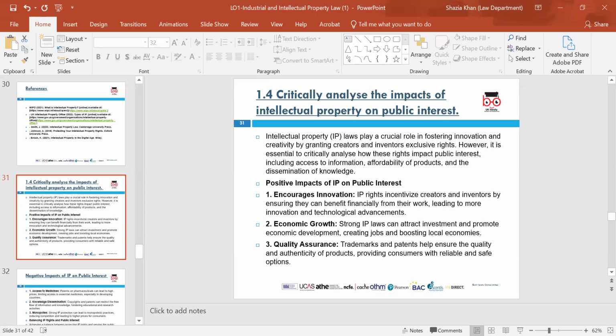Strong intellectual property laws can attract investment and promote economic development, creating jobs and boosting local economies. Number three, quality assurance. Trademarks and patents ensure the quality or authenticity of products, providing consumers with reliable and safe options. So these are some of the positive impacts of intellectual property on public interest.